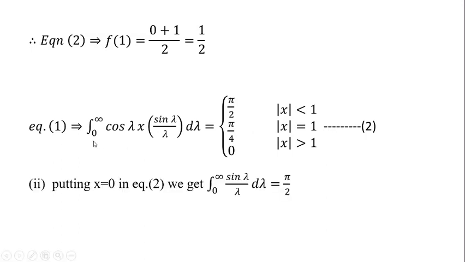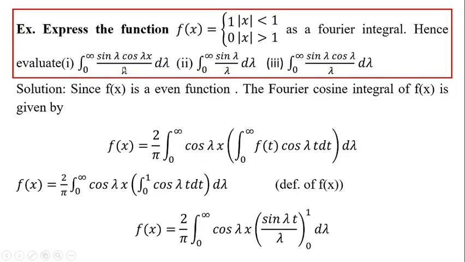So like this we get the value of the Fourier integral, right? Now we have different possibilities. Let's see what are the various possibilities which we have to evaluate. So here I am getting the first answer, that is the Fourier integral, right? This sin lambda cos lambda x upon lambda. This we have obtained just now.